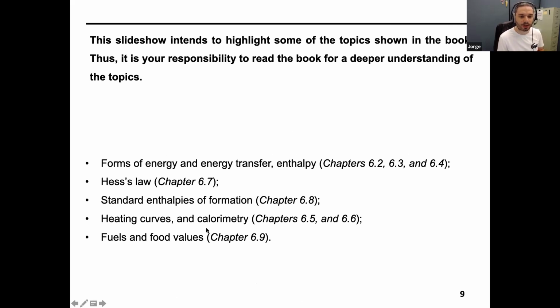After that, we will move to Hess's law and then standard enthalpies of formation, followed by heating curves and calorimetry. And finally, we are going to discuss a little bit about fuels and food energetic values.